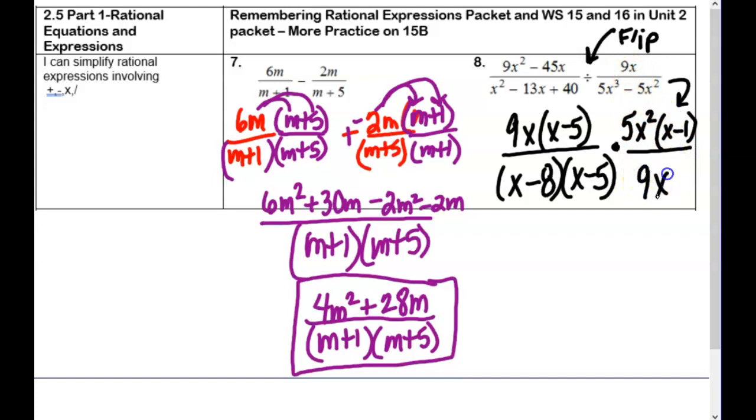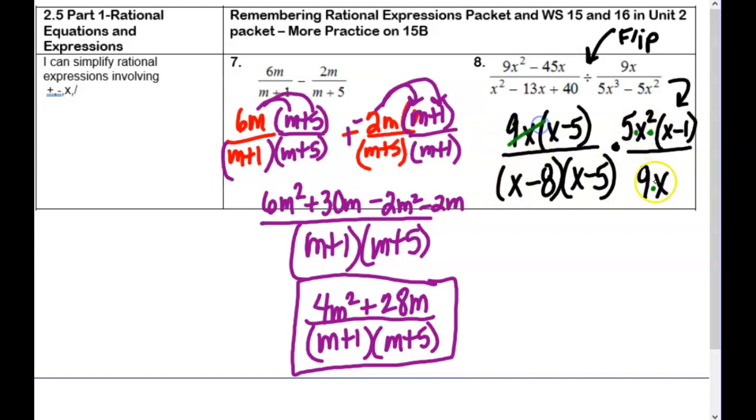Denominator is a 9x. Well, can't cancel as much as I was hoping for, but what can I reduce? Guys, I just want you to realize this. We're not going to do it that way, but do you realize you could divide this x out of one of these x squareds, right? Because this is multiplication, and in multiplication, you can divide out any part of it.